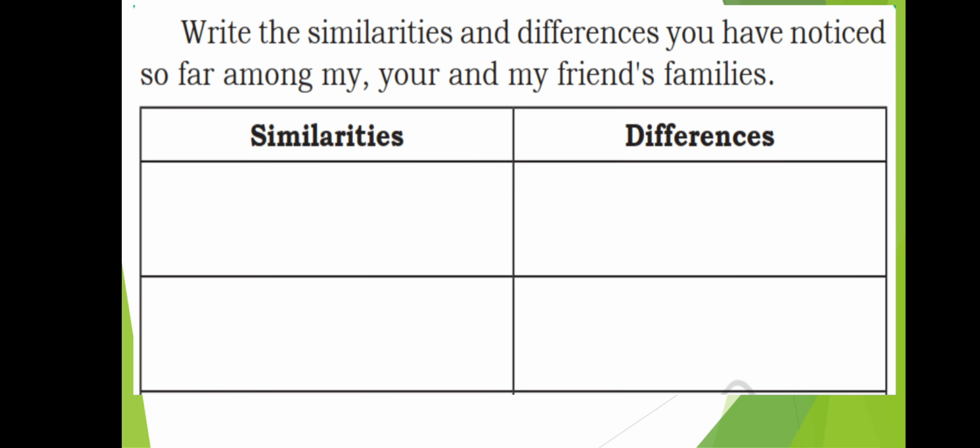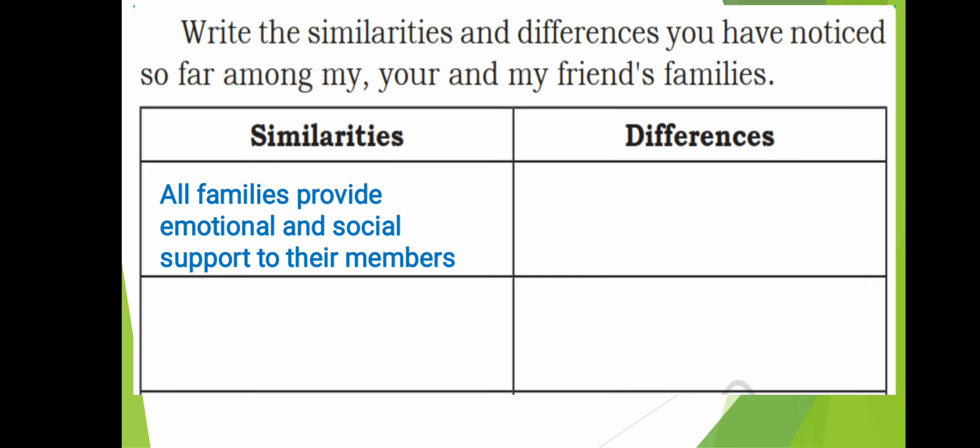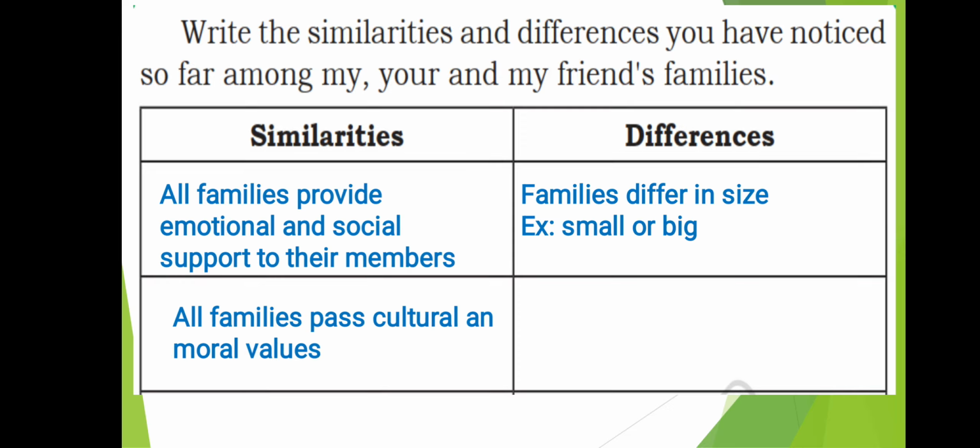Next, write the similarities and differences you have noticed so far among your family and my friend's family. Similarity: all families provide emotional and social support to their members. Difference: families differ in size, for example, a small family or a big family. Similarity: all families pass on cultural and moral values.